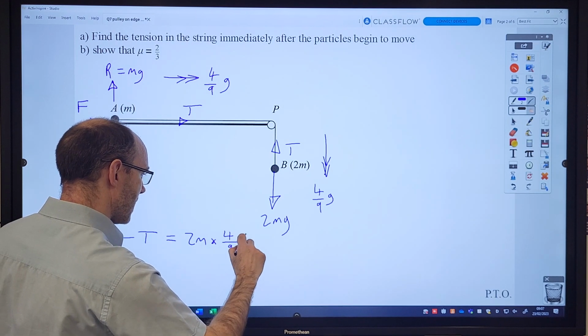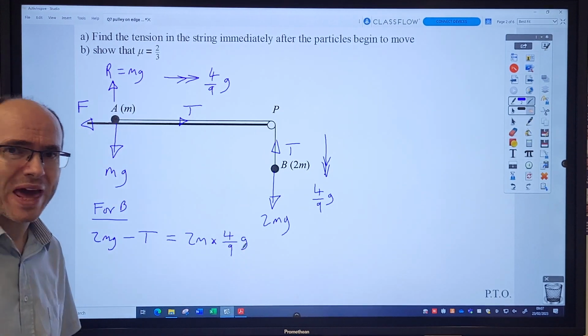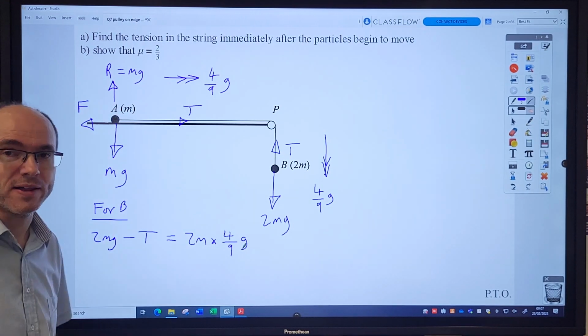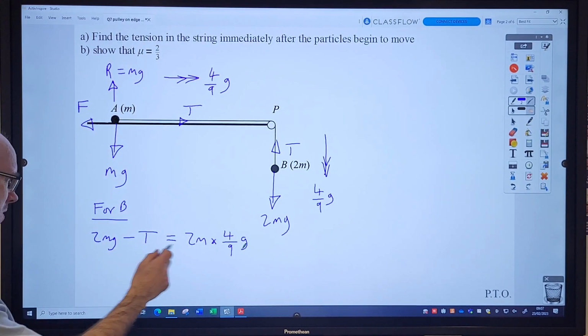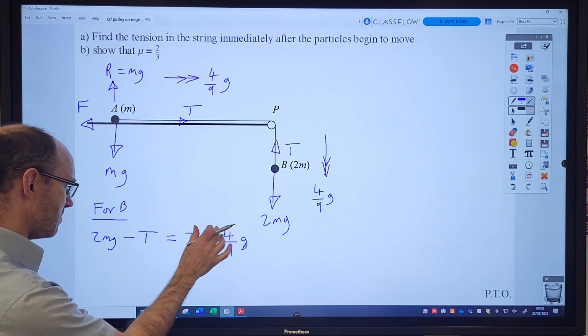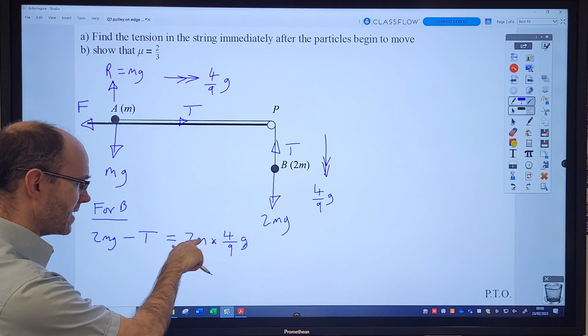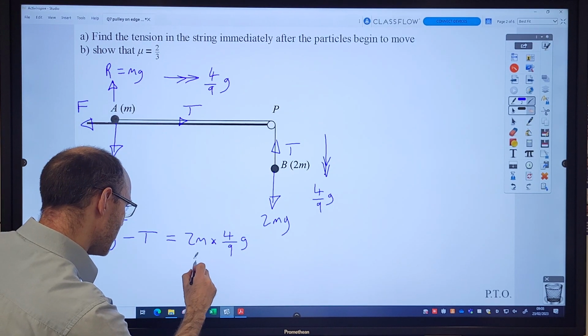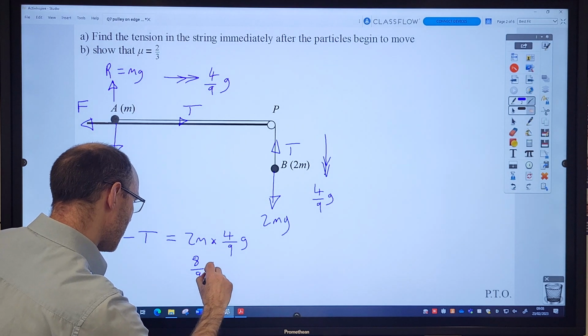In this question, because we're not told what m is, we're probably not going to have to worry about that. Let's see what we can do with this. I can put the T onto that side and put this onto that side. So that's going to be 8/9 mg.